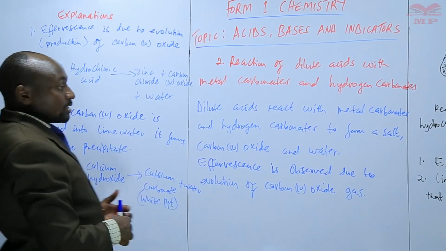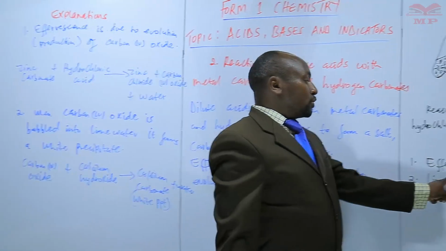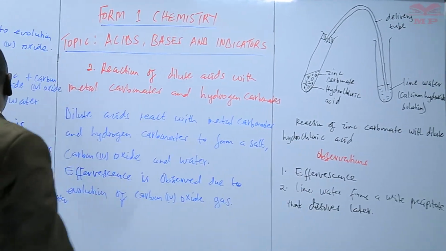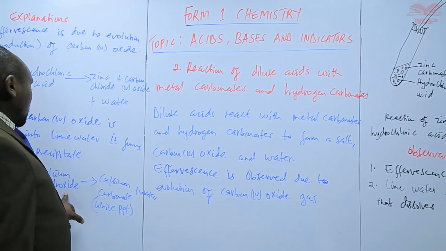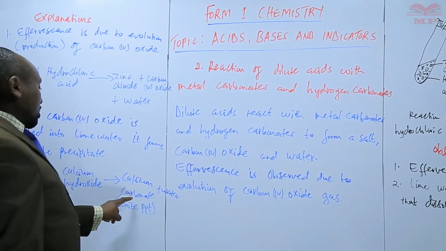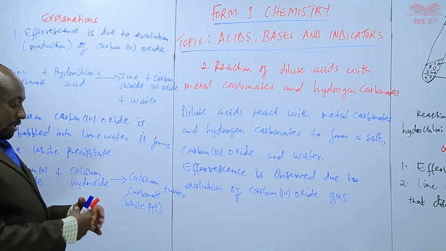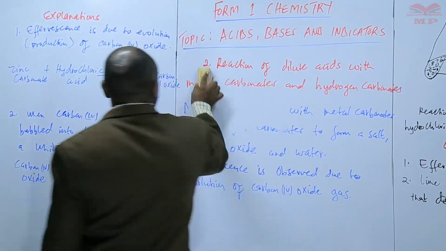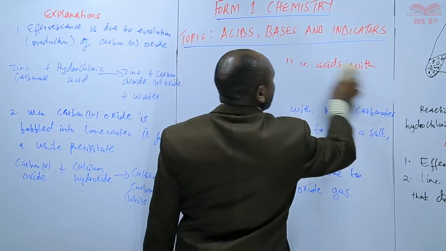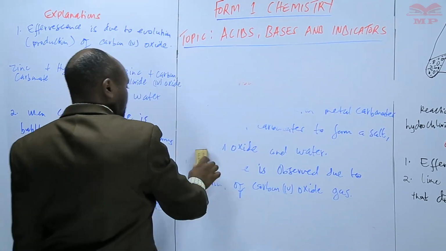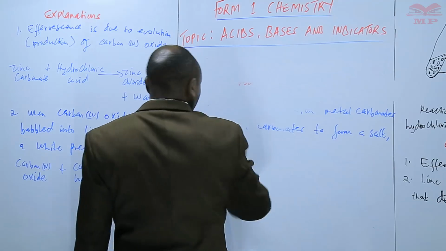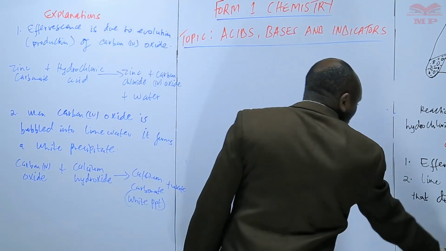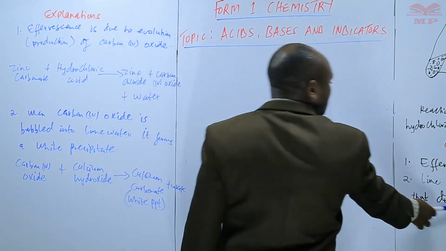So we have explained the two observations: effervescence due to carbon 4 oxide, and lime water forms a white precipitate because carbon 4 oxide combines with the lime water to form calcium carbonate, which is a white precipitate. There will still be a third explanation, because we are saying that the white precipitate dissolves later.